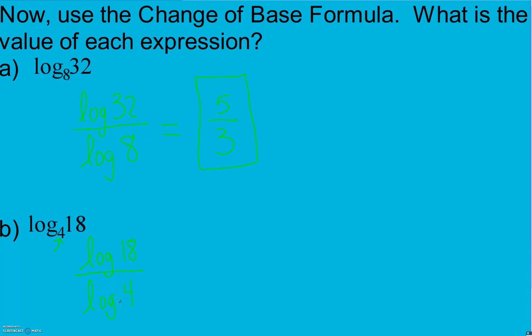So when I type log 18 divided by log 4 in my calculator, I get approximately 2.085, depending on where you round to. 2.084962, so I'm going to go 2.085.